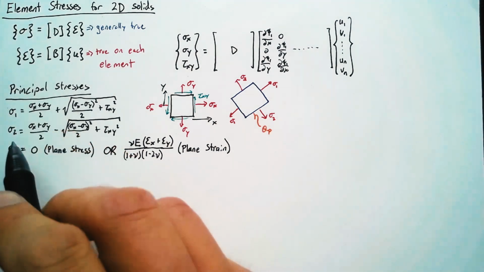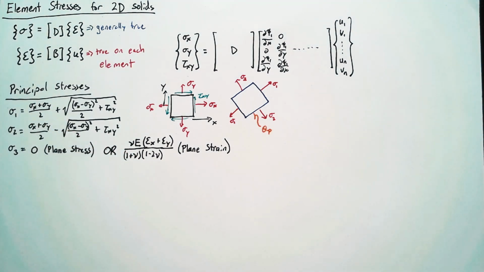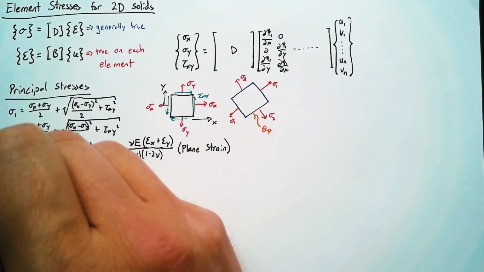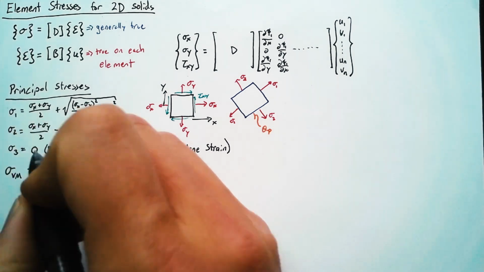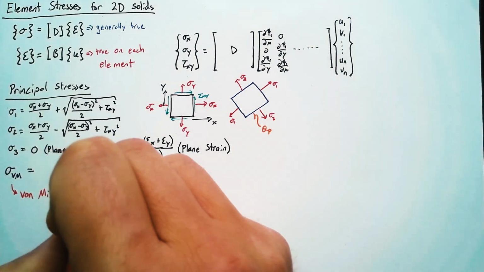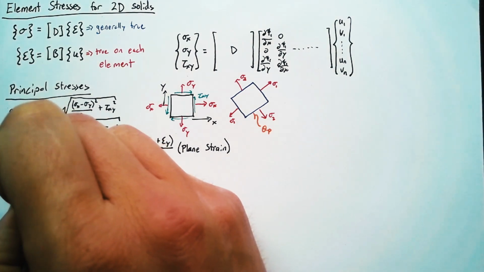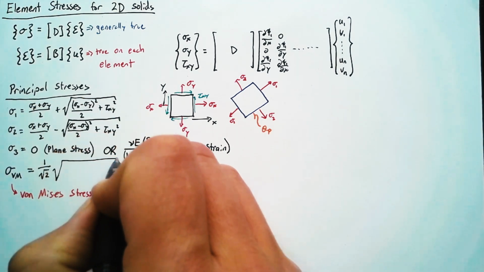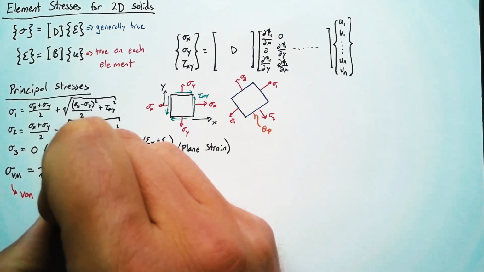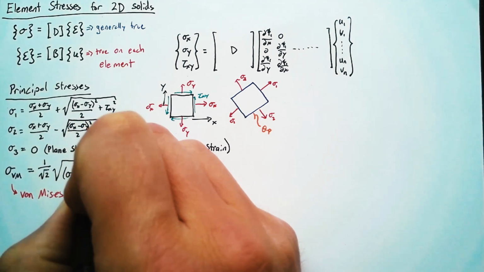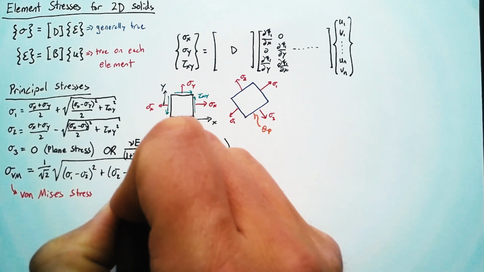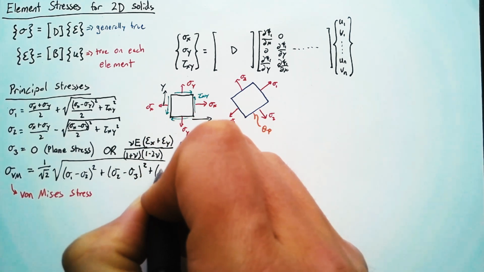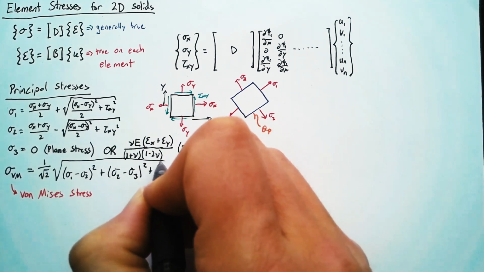Now, these three principal stresses are still not perfect for determining failure of a material. And so we go one step further and we calculate something called the von Mises stress. And this is equal to 1 over the square root of 2 multiplied by the square root of this (sigma 1 minus sigma 2) squared plus (sigma 2 minus sigma 3) squared plus (sigma 3 minus sigma 1) squared.